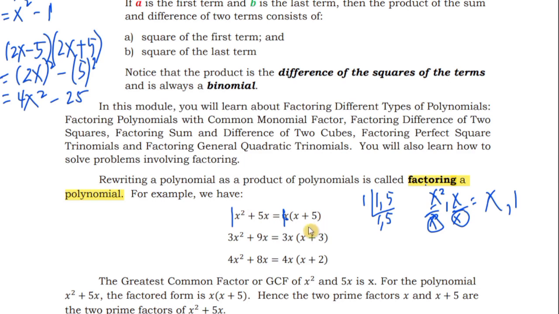As we remove the x here, the remaining is 5. So from that we have x as the common divisor.